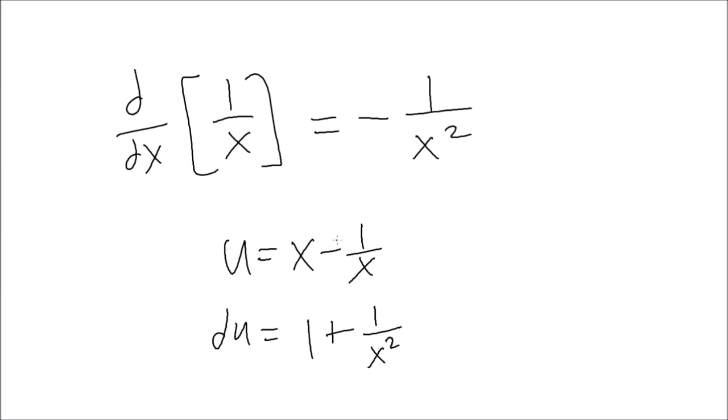Again, the sign alternates, so don't forget that. If this was plus, then this would be minus. So it's a very important derivative to memorize for integration B: the derivative of 1 over x is negative 1 over x squared.